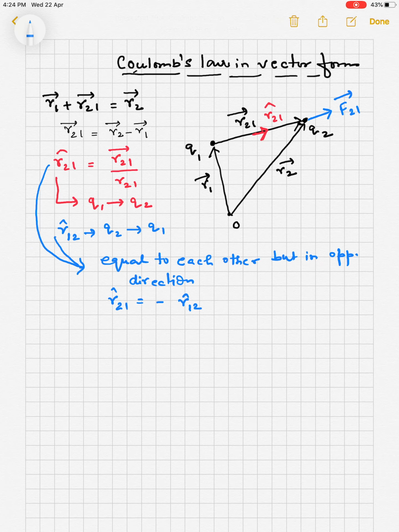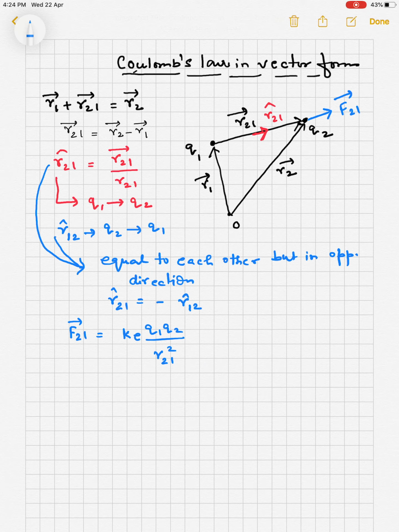So when we write F21, it is the force on 2 due to 1. So Ke, electrostatic constant, Q1 Q2 upon R square. So here the distance is R21. So the magnitude F21 is equal to KE Q1 Q2 upon R21 square.